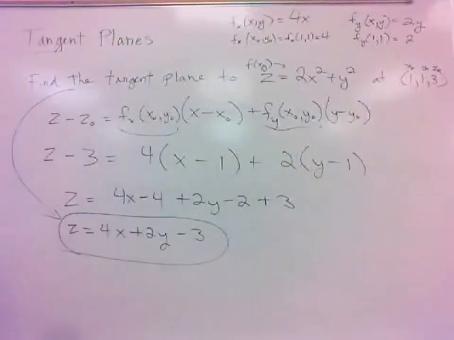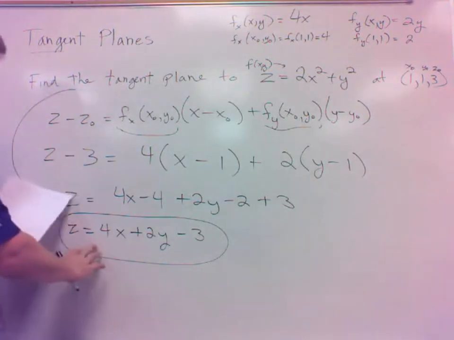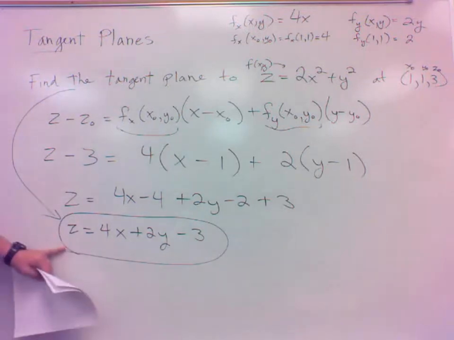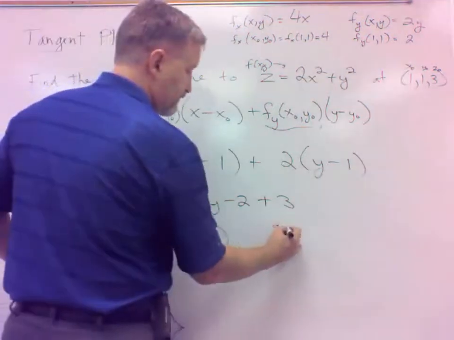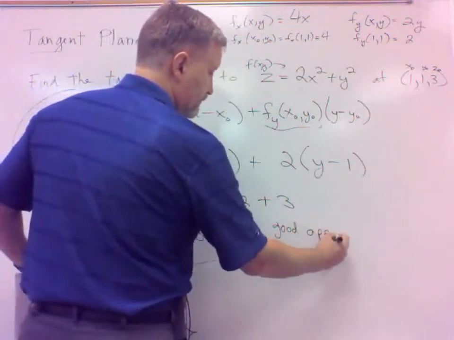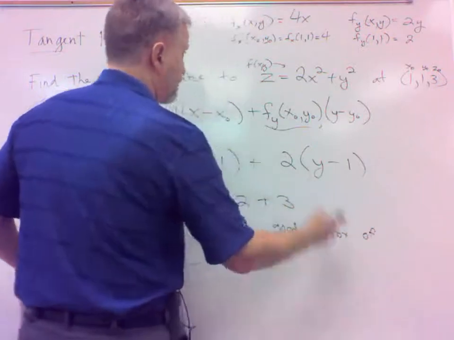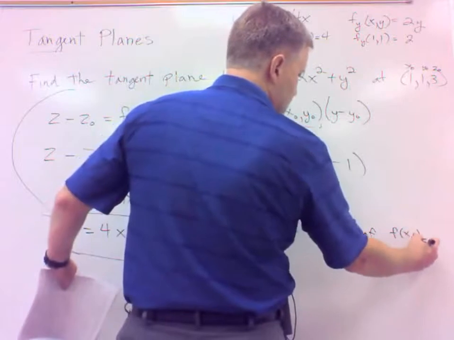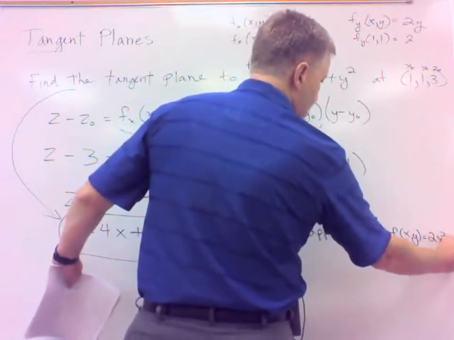And so, to gear up for our next part, couldn't we say that this right here, this plane, z equals 4x plus 2y minus 3, is a good approximation of our f of x, y equals 2x squared plus y squared?